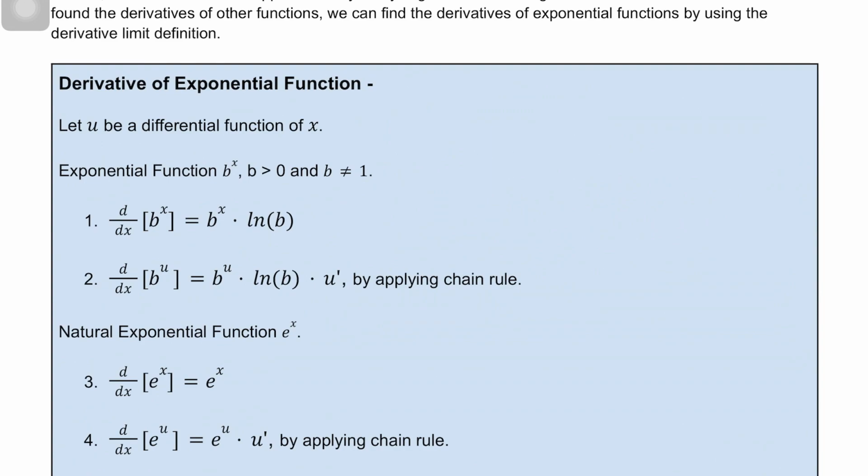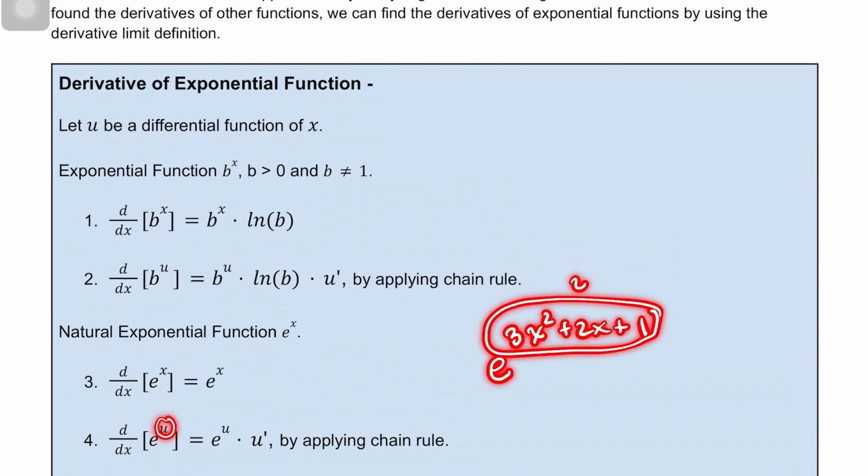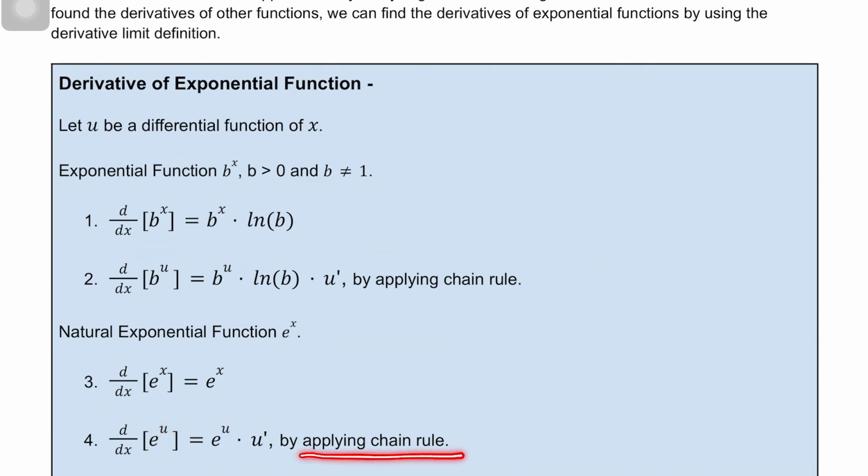So for the next example, what's the derivative of e to the u, assuming that u is, let's say, 3x squared plus 2x plus 1, a function of x? What we're going to do is exactly the same thing: apply the chain rule. I always assume that this is your inside and the exponential is the outside. So the derivative of the exponential is going to be e itself.